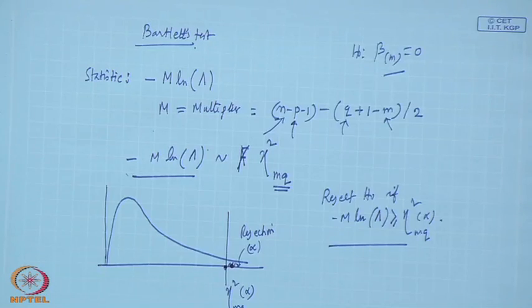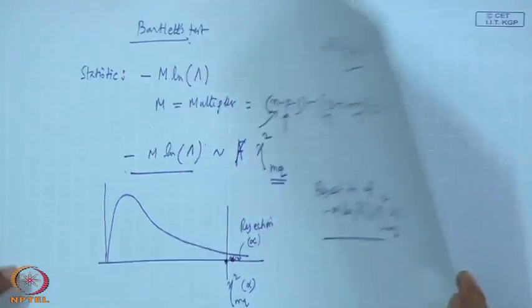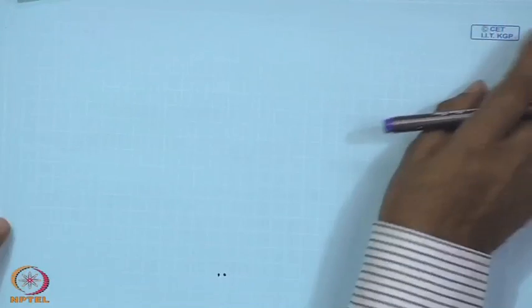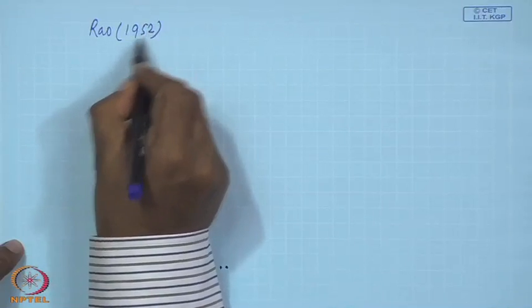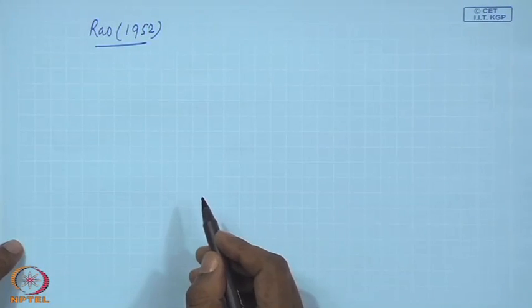Okay. Now, the second one is Rao's statistic. In 1952, Rao gave similar statistics for Wilks' lambda.